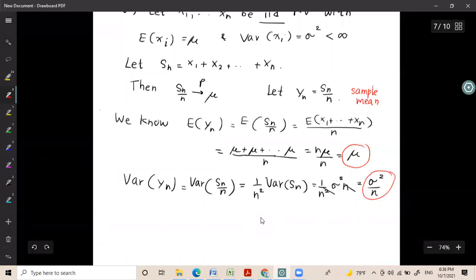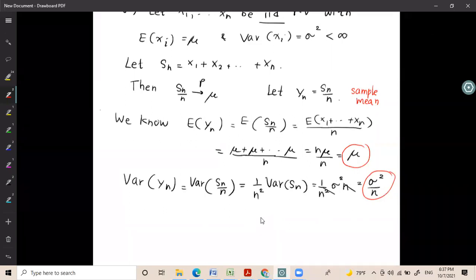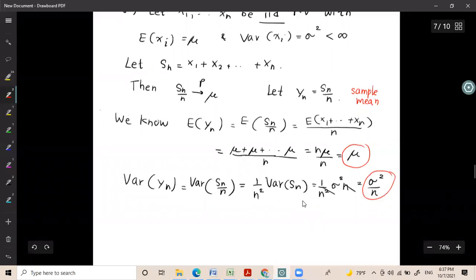And you know from the sampling distribution of the sample mean that its mean is mu, and its variance is sigma square over n. So this is exactly the way you show the sampling distribution of the sample mean. This is something extra that I wanted to show you.